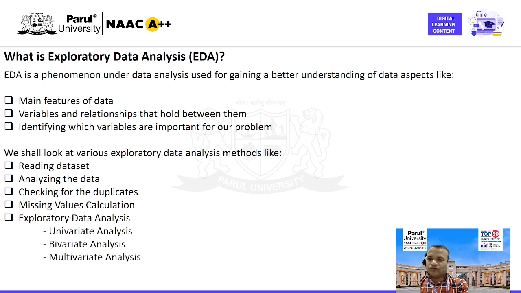We shall look at various EDA methods like reading the data set, analyzing the data set, checking for duplicates and missing value calculations. And under EDA, you can perform univariate analysis, bivariate analysis and multivariate analysis. We will discuss them one by one.